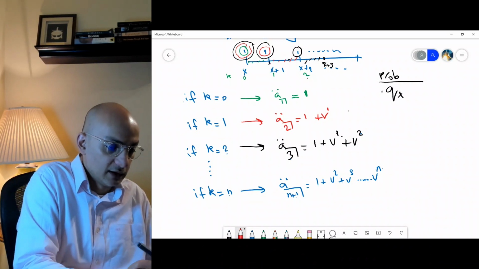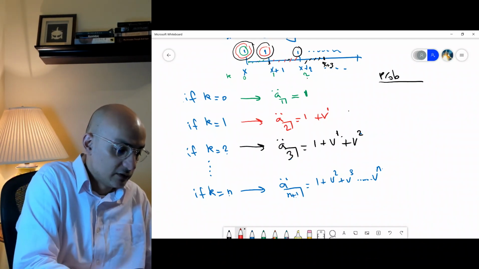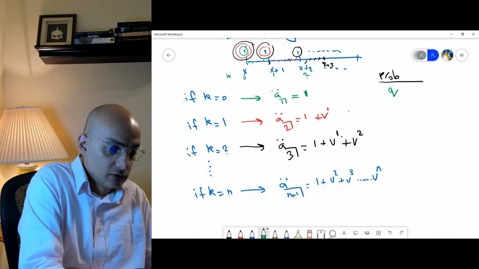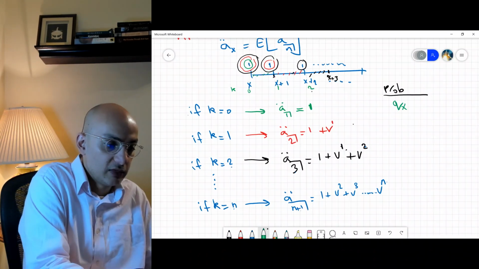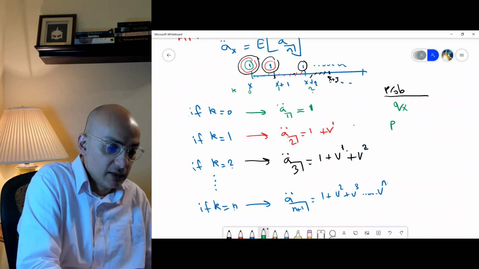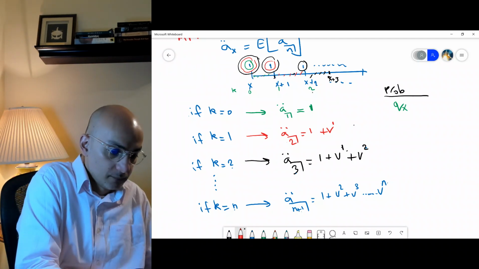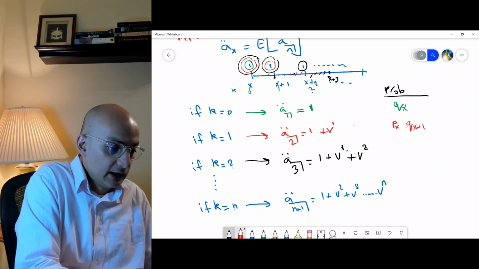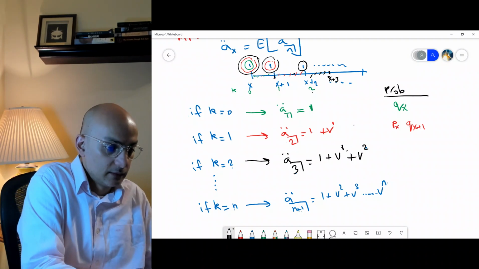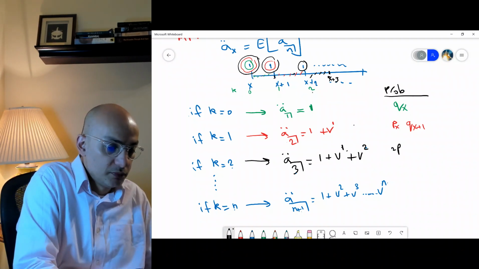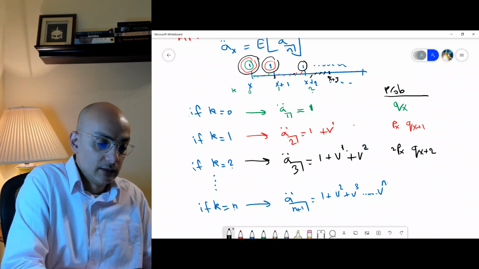Maybe I'll use a different color for each. This one is qx, because death happens in the first year. Here, surviving the first year, px, and death happens in the next year, qx plus 1. For the third term, you need to survive 2 years, 2px, and then death happens.